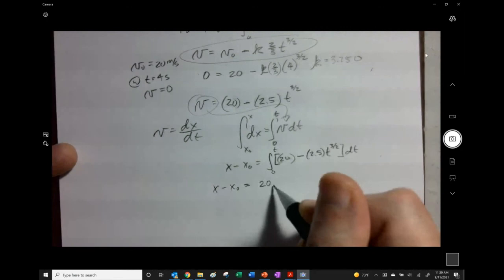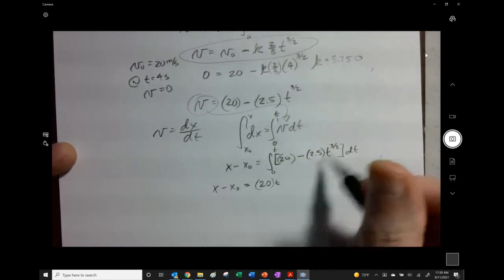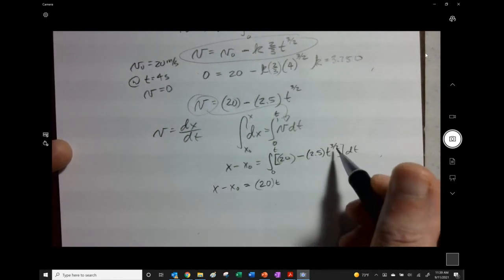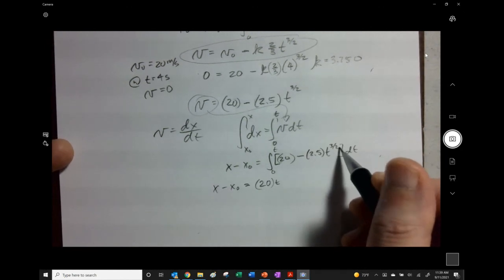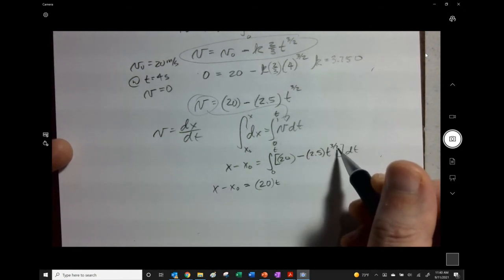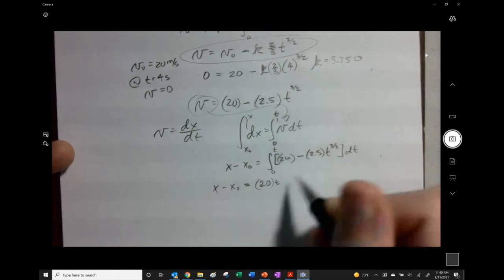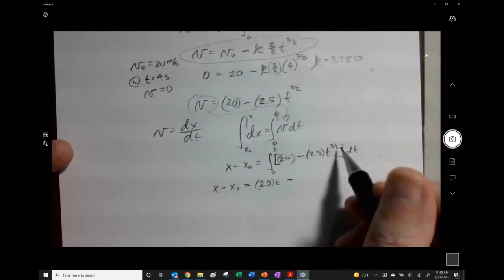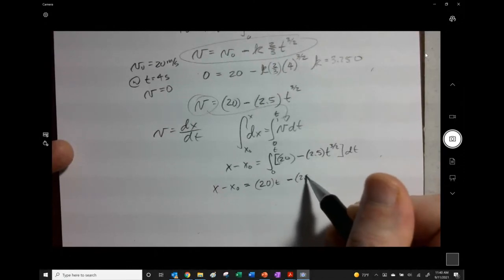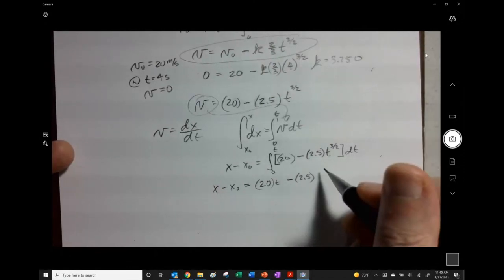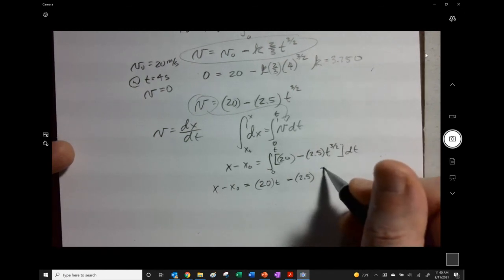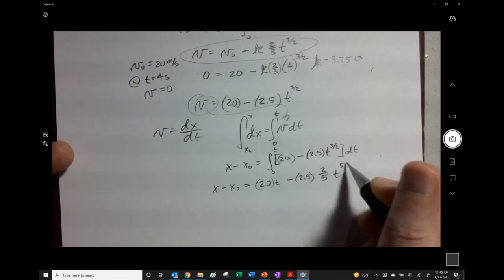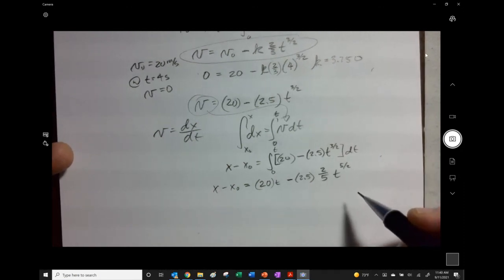So we get 20t. And here we got to do that again, right? So now we have to add 1 to this. So is that going to be 5/2? It's minus 5 over 5. It's 1 because it becomes t to the 5/2, and when we multiply negative 2.5 by 2 over 5, it's 1.